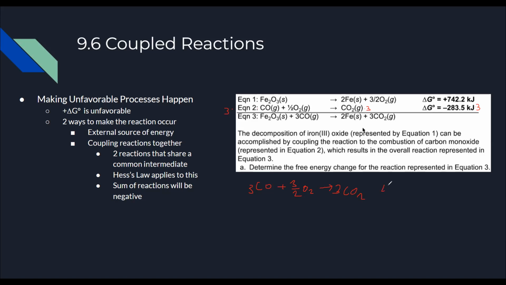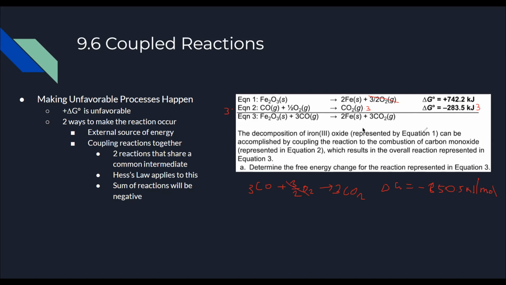And delta G, and you can use a calculator to solve this, is negative 850.5 kilojoules per mole. And so now you can cancel out the oxygen, which is the common intermediate, so you get the same equation that you had before for equation 3.